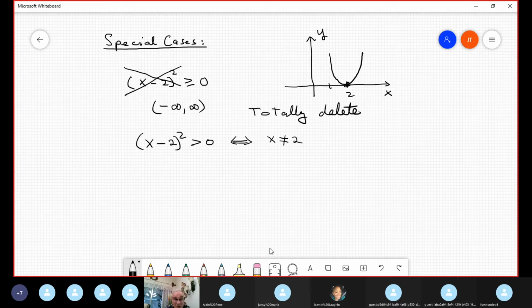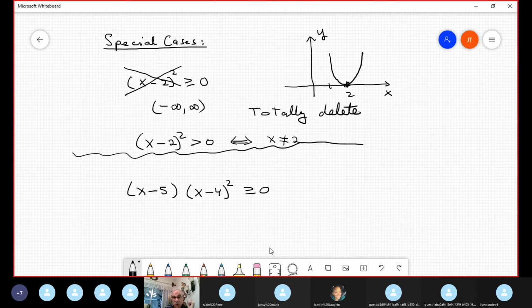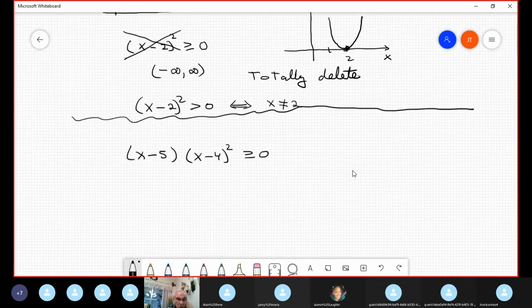So what is the procedure that we are doing? Suppose we have an inequality like that: (x minus 5)(x minus 4) squared greater than or equal to 0. We continue doing a special case. Immediately I realize we have exponent 1 here and exponent 2. And the professor explained that when you have exponent 2, you can delete.